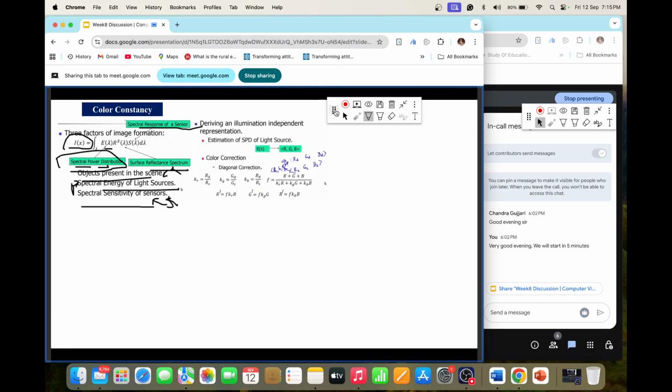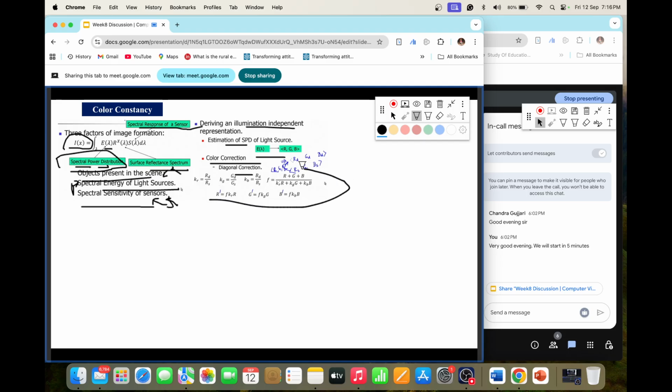Now we have different color corrections, deriving an illuminant independent representation, and estimation of the SPD of the light source, this E lambda, the spectral power distribution of the light source, which can be given by RGB. How can we do the color correction or the diagonal correction? It can be done by this formula. We have two things: Rs is the source and Rd is the destination, or the object.